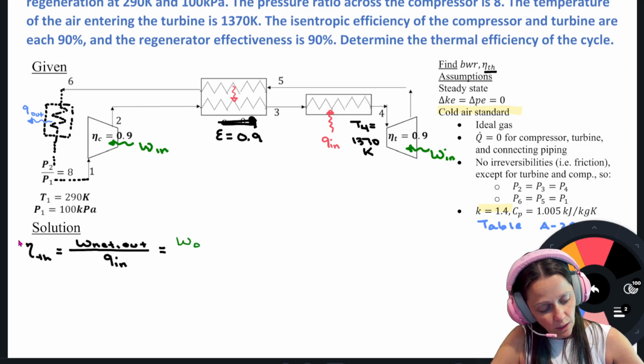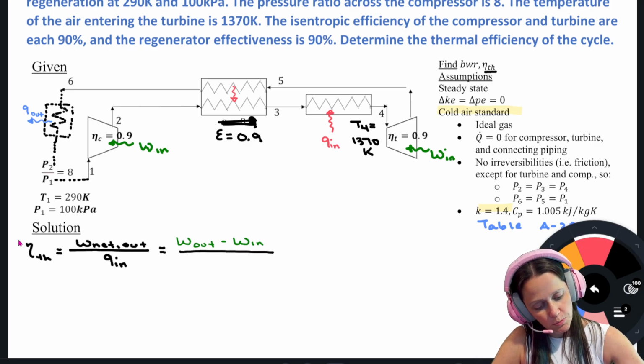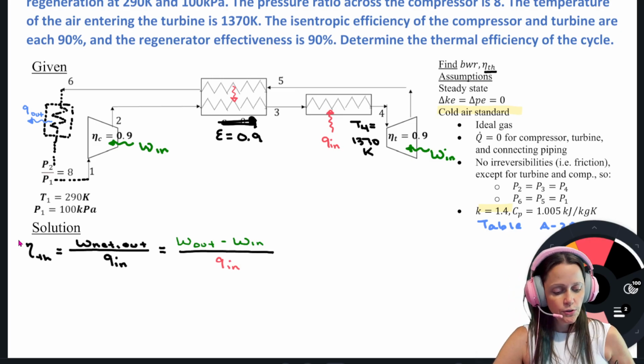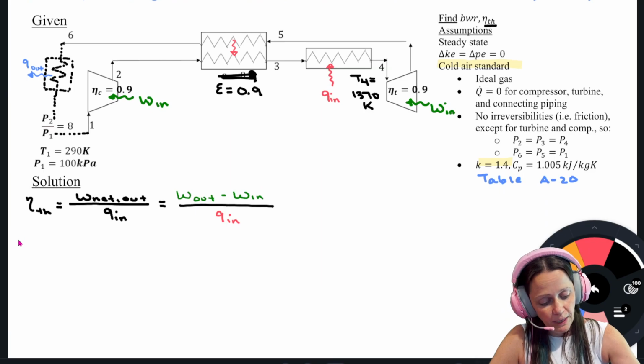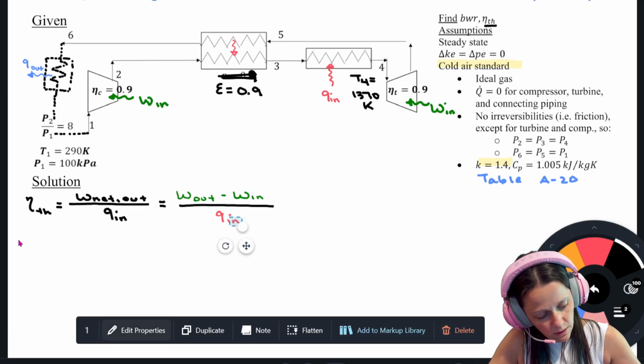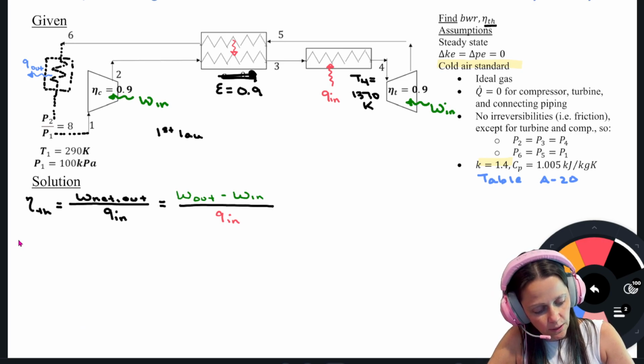I have a work out between 4 and 5. I have a work in between 1 and 2. And then my Q in occurs between 3 and 4. So this is a good time to go ahead and apply my first law. So first law, I'm just going to write it up here just so I have it.